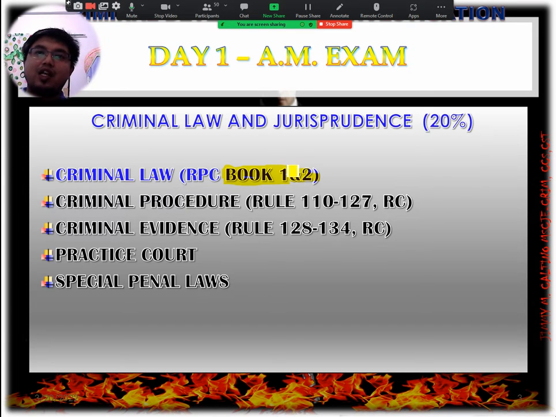Here are listed what the crimes are, and what the penalties are for each crime. That is why during your undergraduate studies, almost all of your teachers tried to let you memorize, or required you to memorize, the elements of each crime.